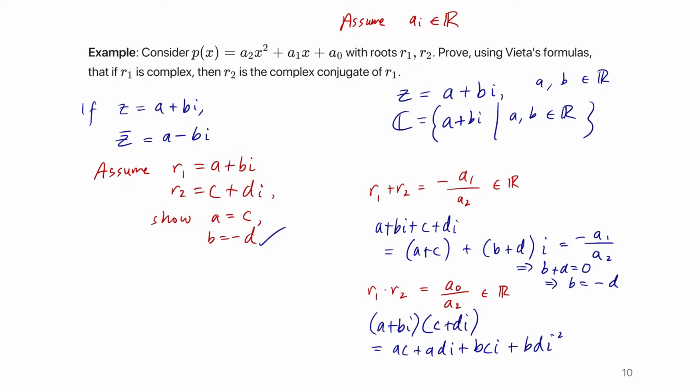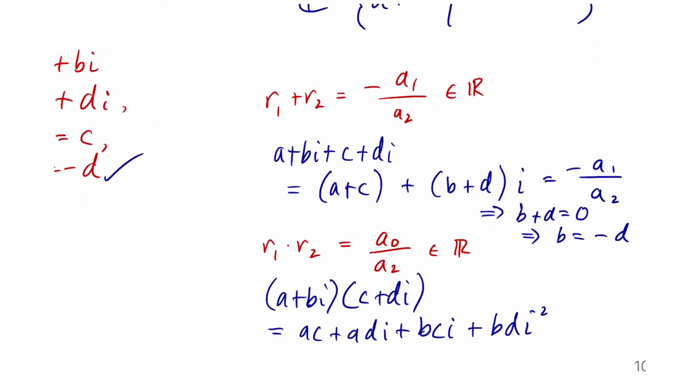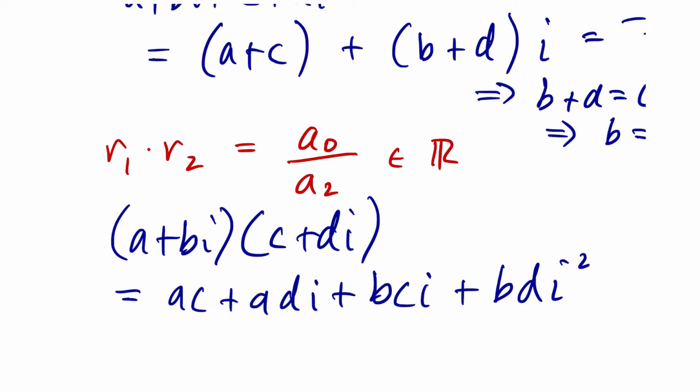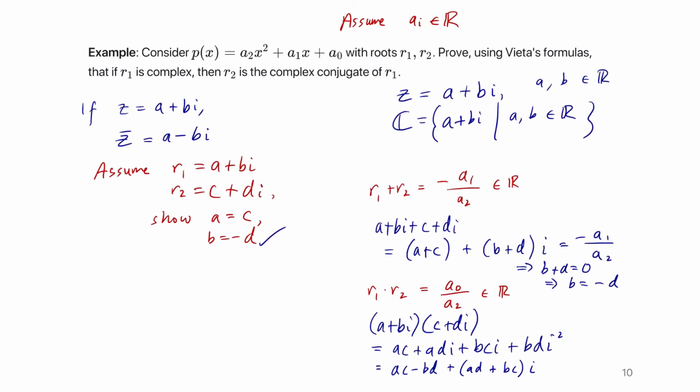You okay so far? Okay, why don't we zoom in a little? And now we know I squared is negative 1. Probably should have mentioned this before. So I can write this as AC minus BD plus AD plus BC times I. Is that clear?